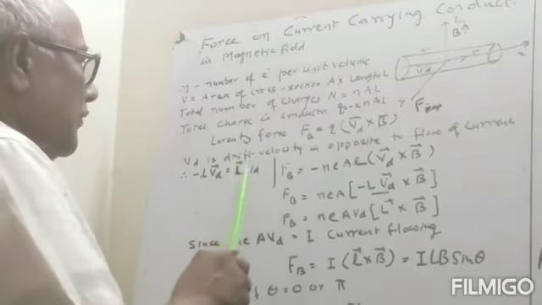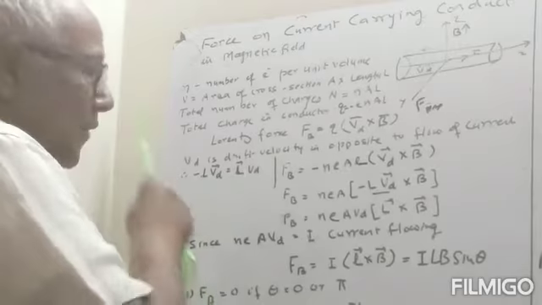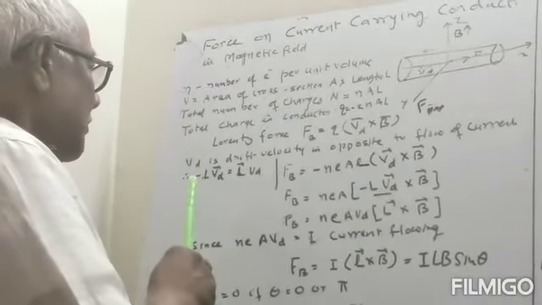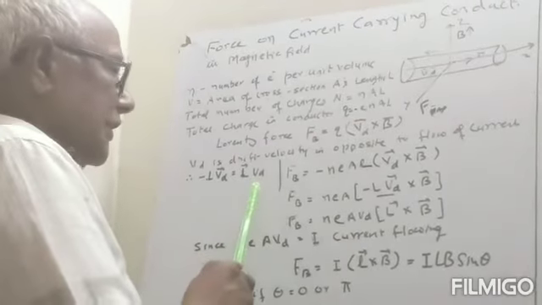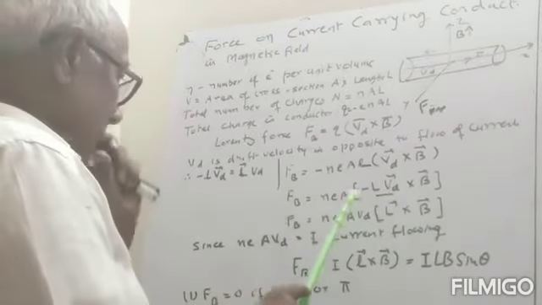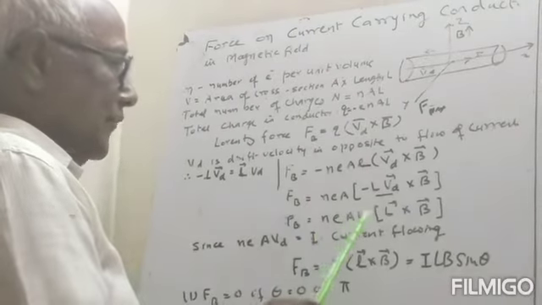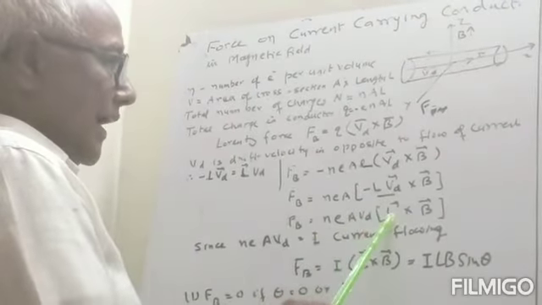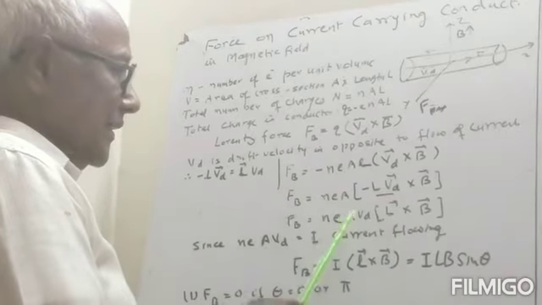So if we change the vector from minus L Vd to L vector Vd, here Fb will be equal to n e A Vd bracket L cross B. Now what is this, n e A Vd?